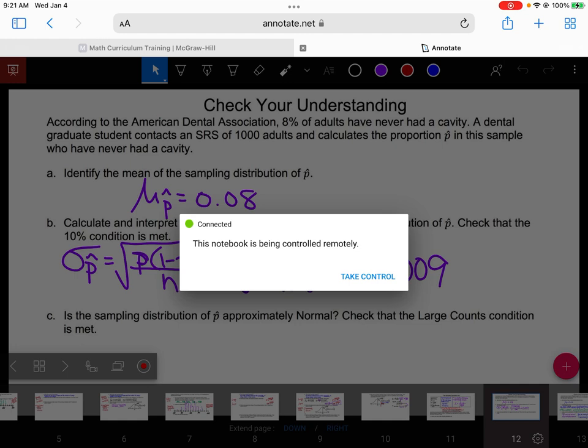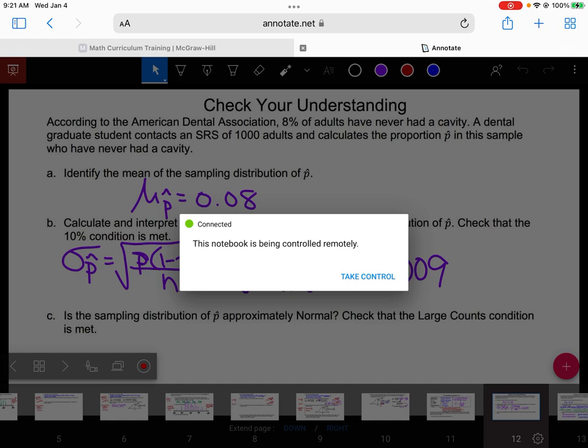What would 10 times 1,000 be? 10,000. Are there at least 10,000 US adults? So if I sample 1,000 adults, have I sampled more than 10% of my adult population? So my 10% condition is met. Sometimes we have to use a little bit of intuitive thinking here. I'm going to take my sample, multiply it by 10, and make the argument that I know there's more than 10,000 adults in the US.